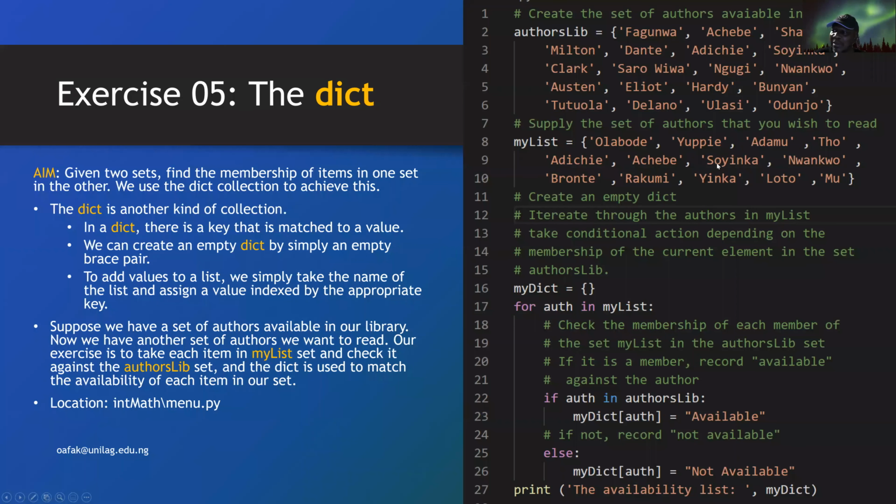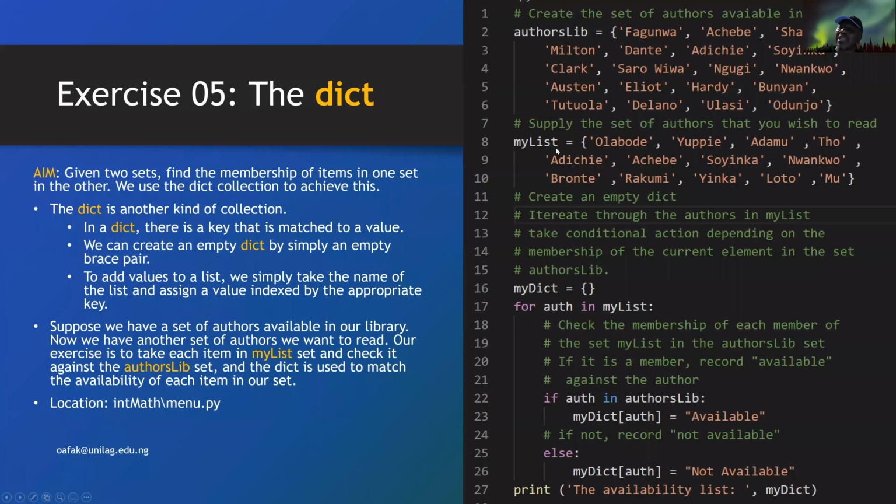The one we pick, we name it auth. So if we pick Olabode, at that round, Olabode is auth. If we pick Yopi, at that round, Yopi is auth. If we pick Adamu, at that round, Adamu is auth. If we pick Shoyinka, at that round, Shoyinka is auth. It will do it as we iterate through this list.